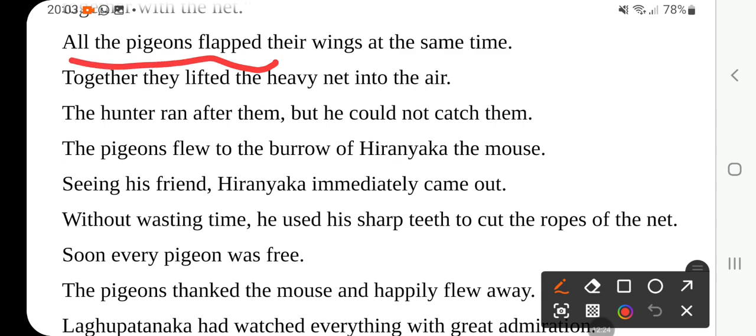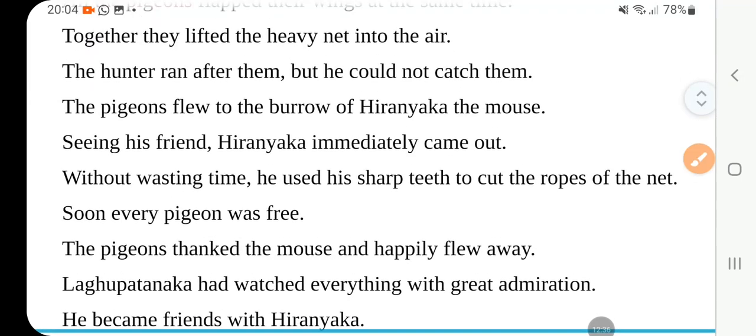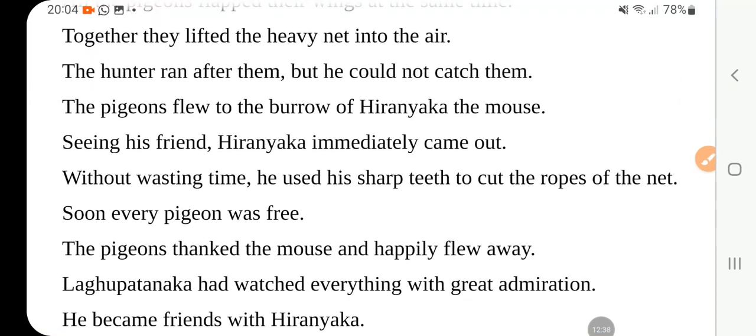They were not selfish. They did group work, teamwork. And together they lifted the heavy net into the air. The hunter ran after them, but he could not catch them.